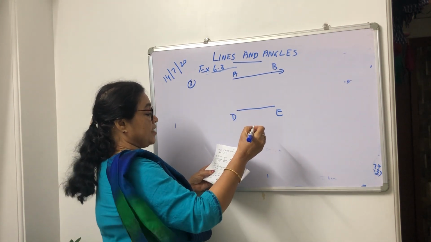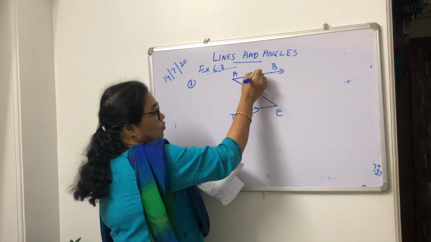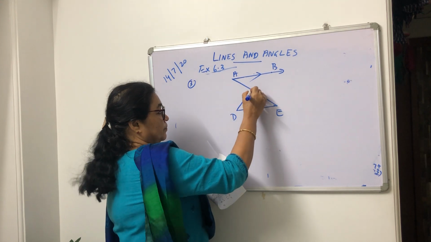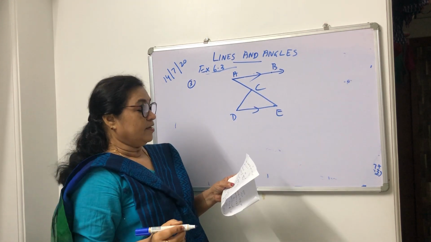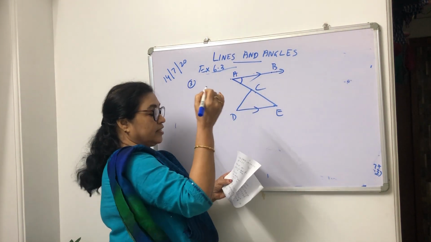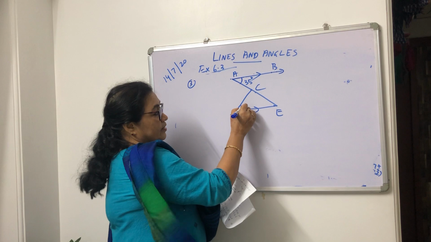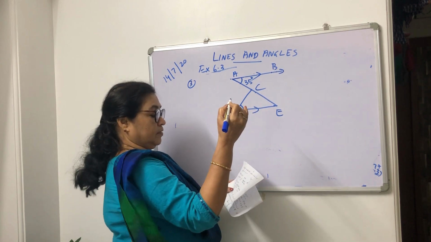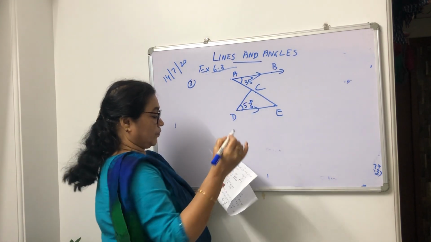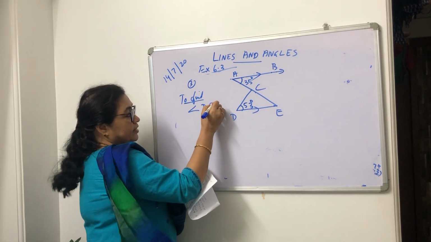Angle BAC, in this figure these two lines are parallel. They intersect at C, and it is given this angle BAC is 35 degrees. This angle CDE is given as 53 degrees. So you need to find angle DCE.